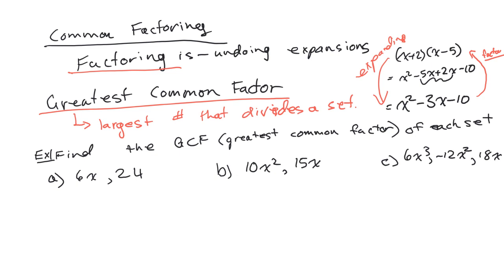So, here are my sets. For the first set, we have 6x and 24. Both of these can be divided by the number 6, all right?